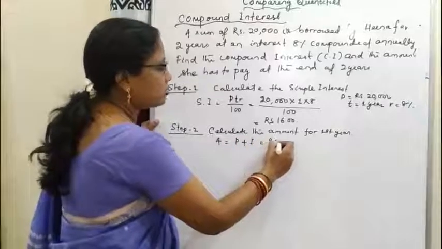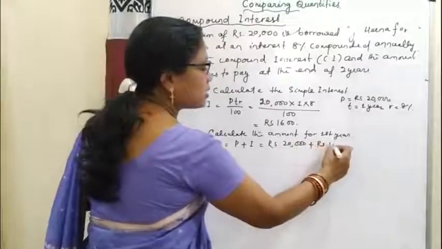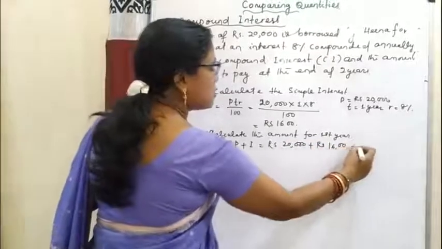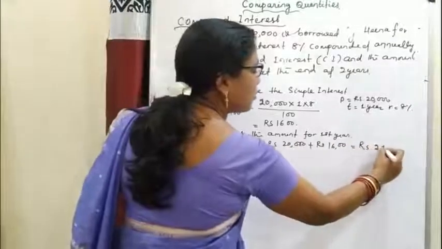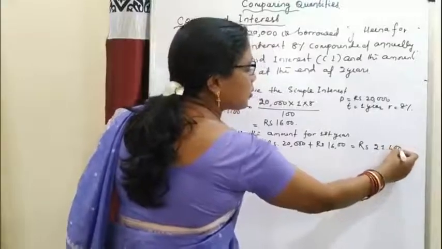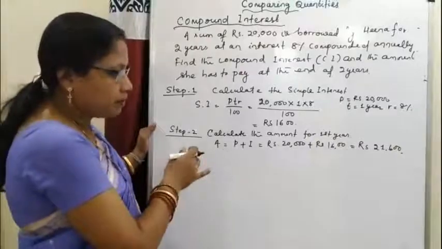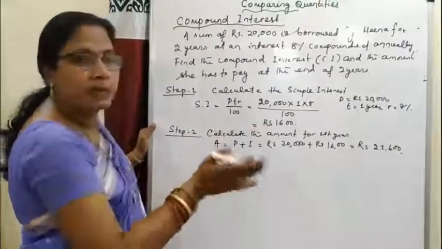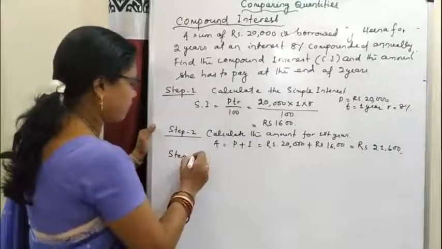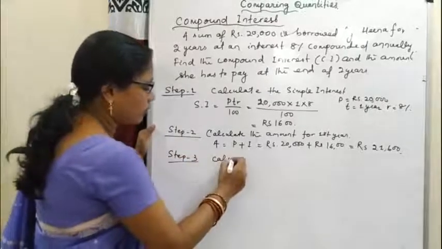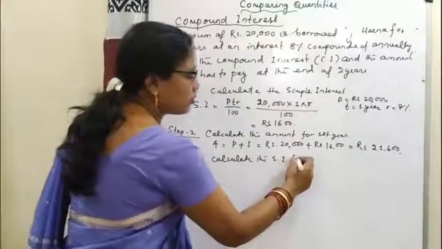So this is equal to rupees 20,000 plus rupees 1600, which is rupees 21,600. So this is the amount at the end of the first year. The next step is that this amount will be the principal for the next year. So step 3, calculate the simple interest for the second year.